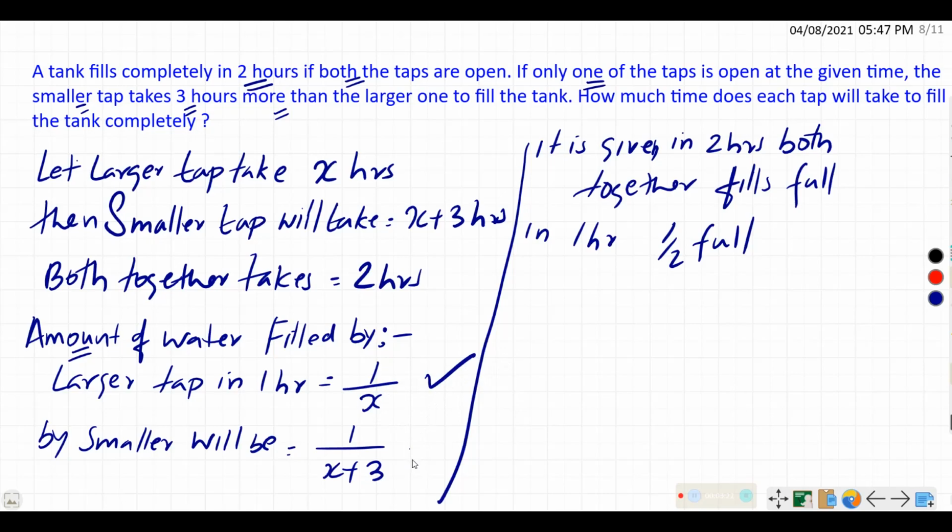So the part of the tank filled by both the larger tap and the smaller tap in 1 hour, which we got as 1 upon X and 1 upon X plus 3, together will be filling half the tank. So we can write 1 upon X plus 1 upon X plus 3 is equal to 1 upon 2.